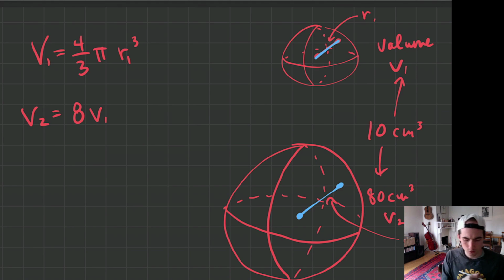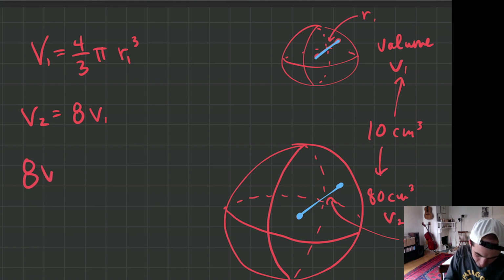Okay, so let's see if we can figure out what the radius is going to be. So what I want to do is write a new equation for my new volume and new radius.